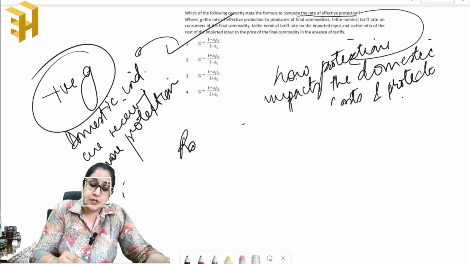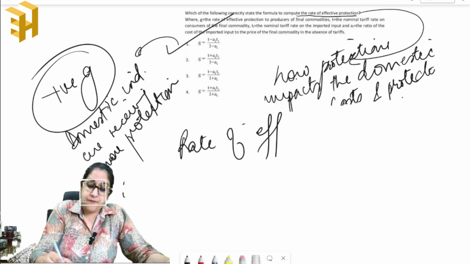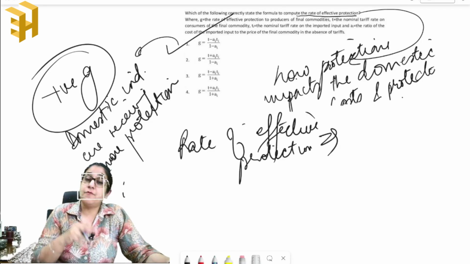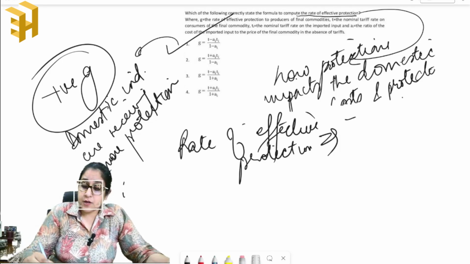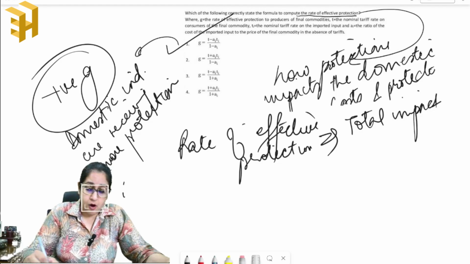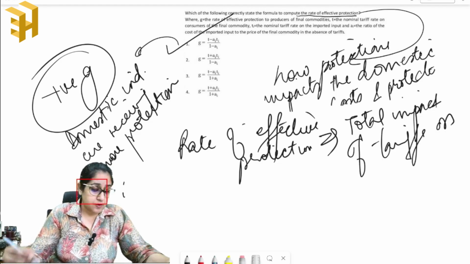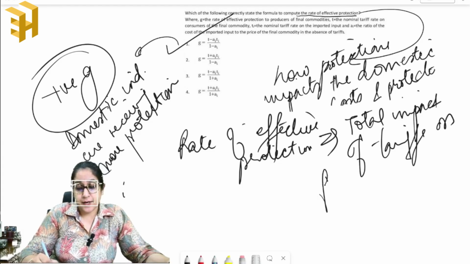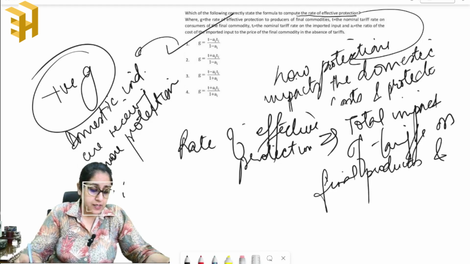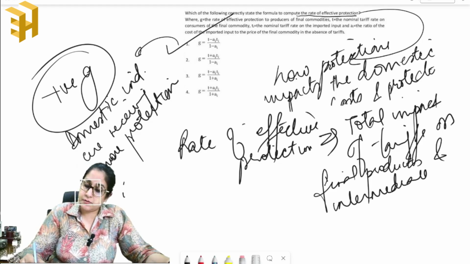The rate of effective protection will imply what the total impact of tariffs is on both final products as well as your intermediate products.